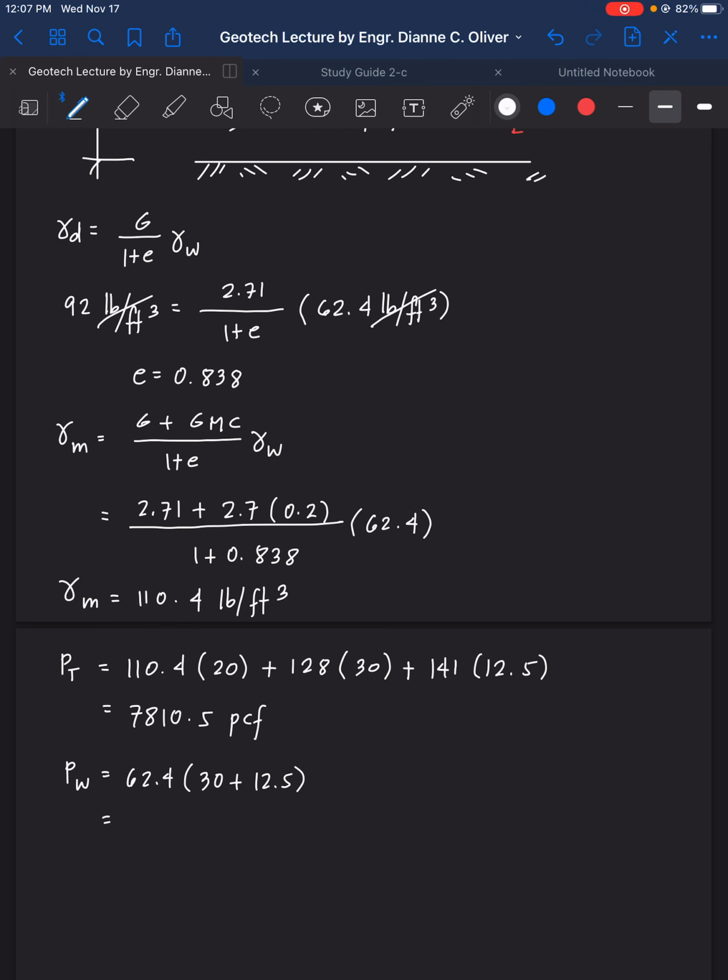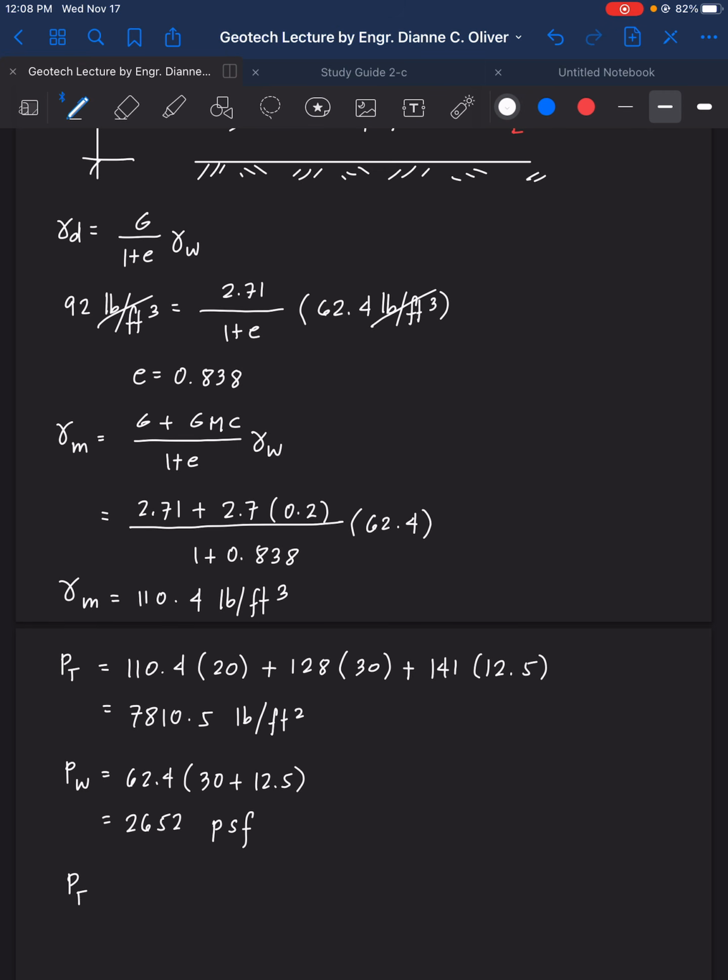So PW is 2652. It's not PCF. It should be pound per square foot. So, pound per square foot, or that is in PSF. Okay?